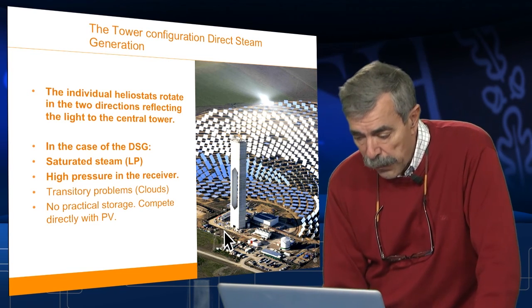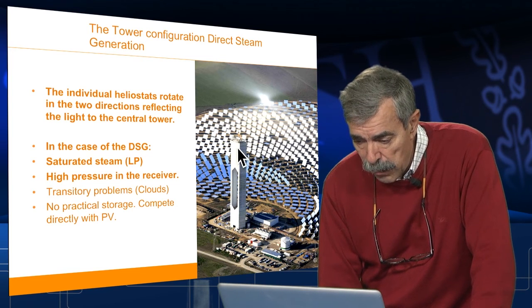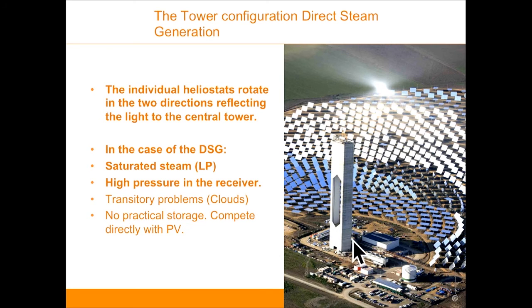In this plant, the steam does not go directly to feed the turbines. There is a small storage system composed of 2 high pressure vessels to contain enough steam to operate the turbine for some minutes.